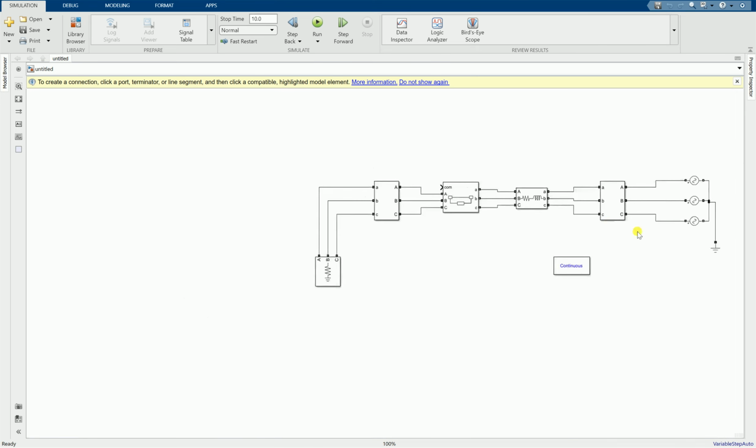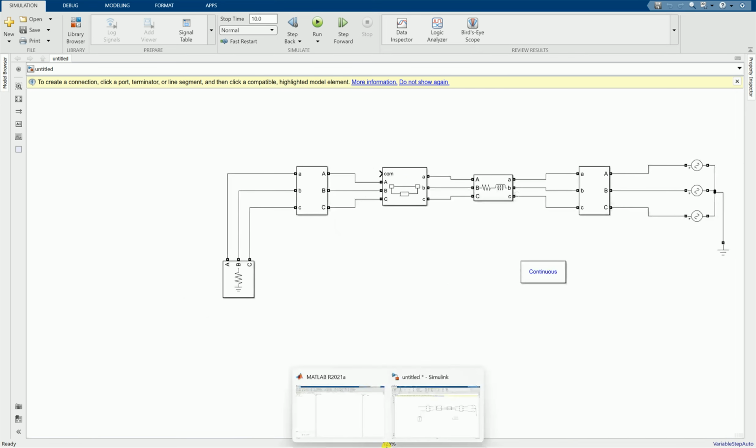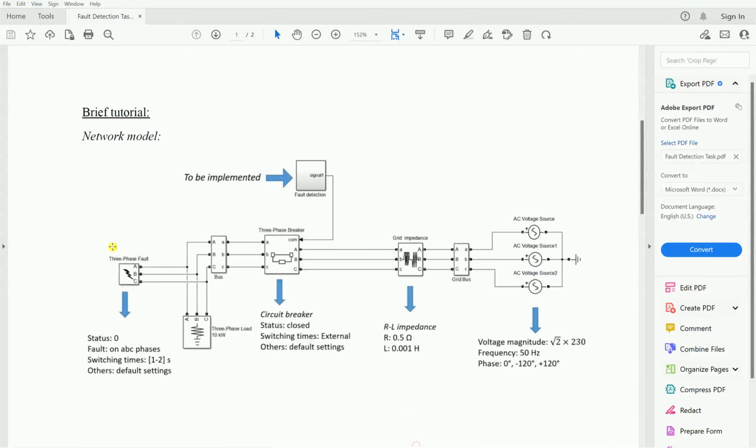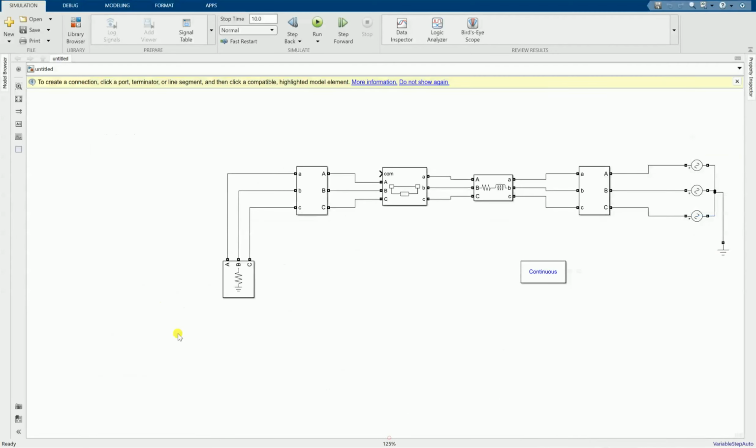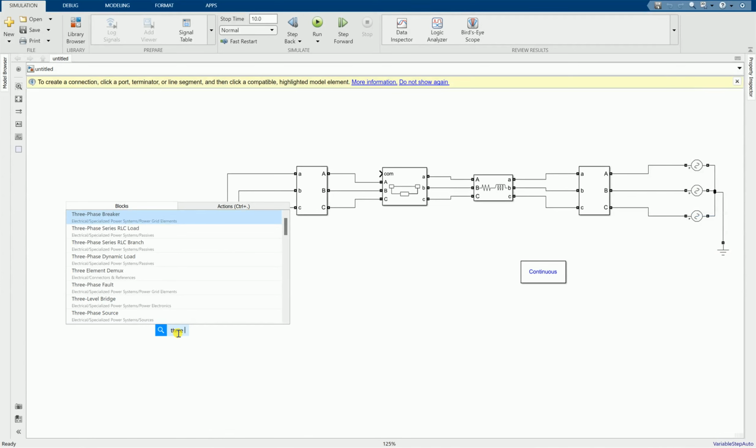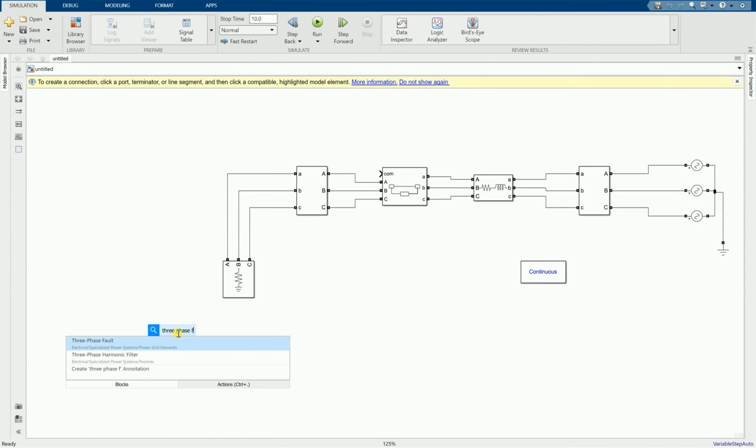So now we have our system. The only thing remaining is the three-phase fault. Keep it like this.